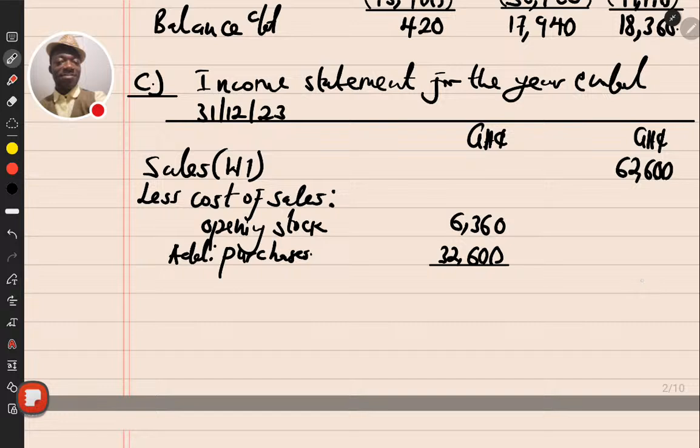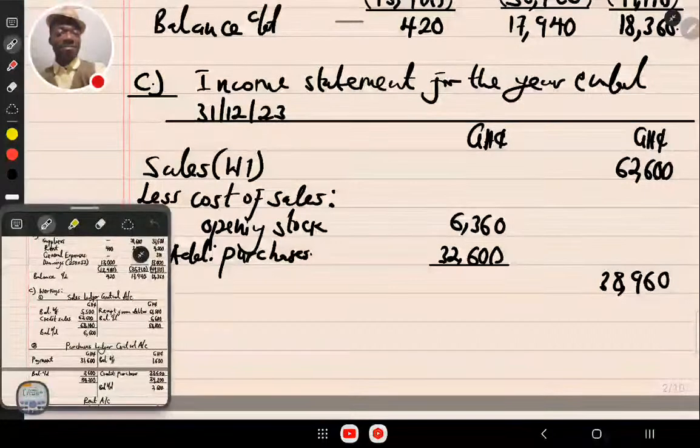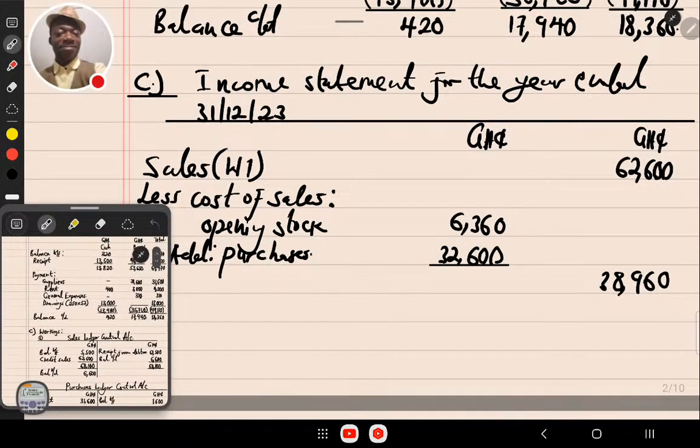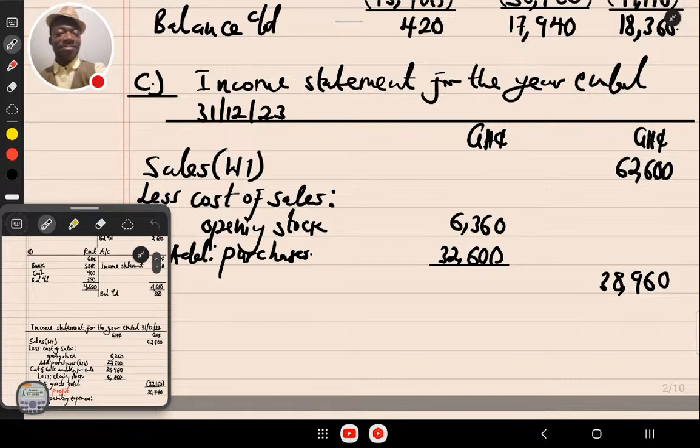Okay. So we're supposed to get, in summary, here, you add them, 6, 9, 8. So we're supposed to get something like what? 38,960.